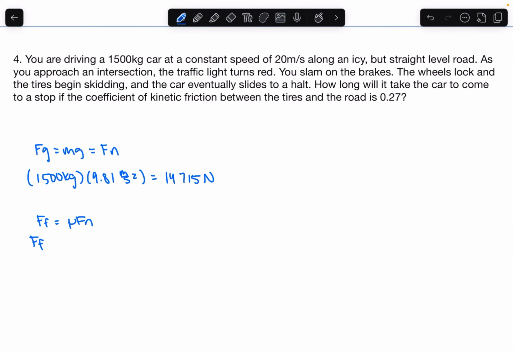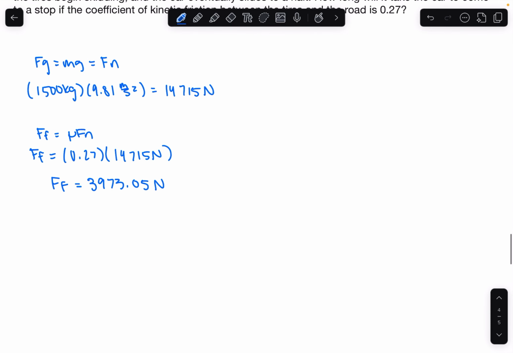So Ff equals the coefficient of friction 0.27 times 14,715 newtons, and that's going to give us a value of 3,973.05 newtons for Ff.